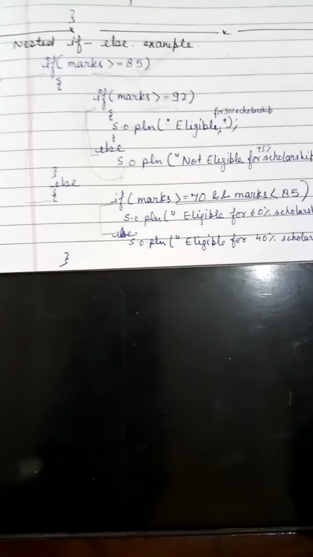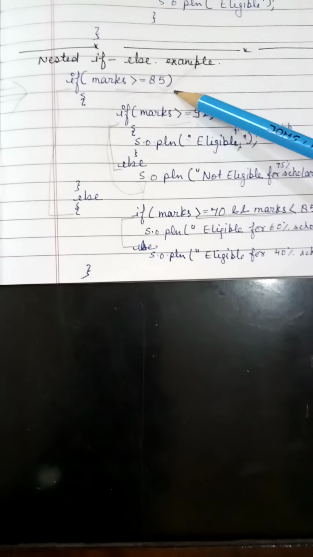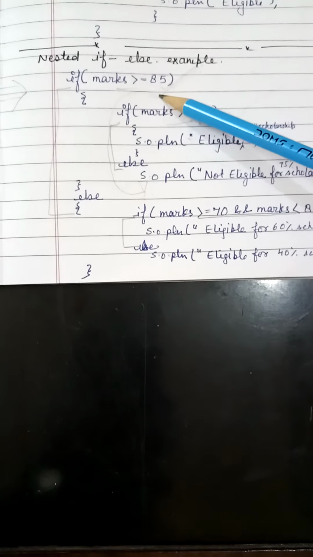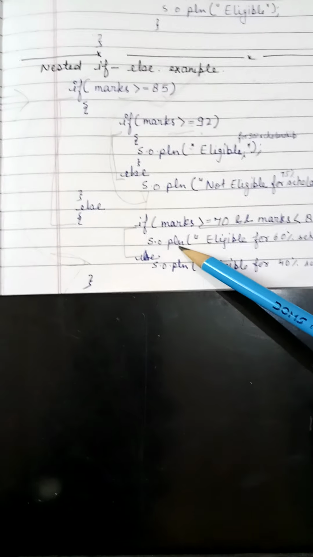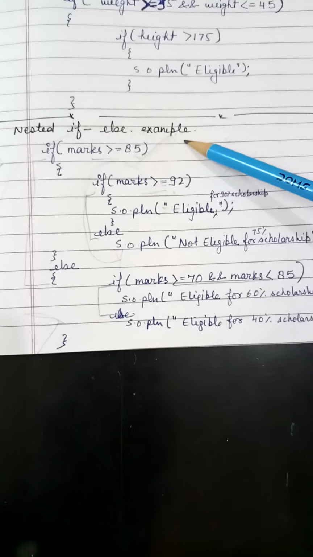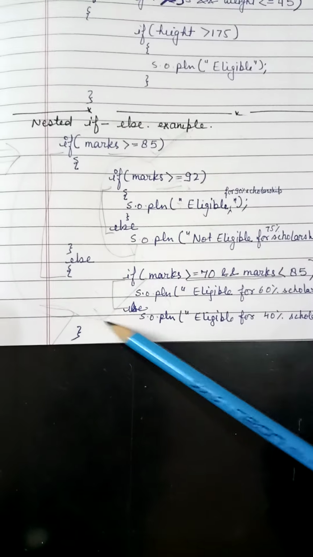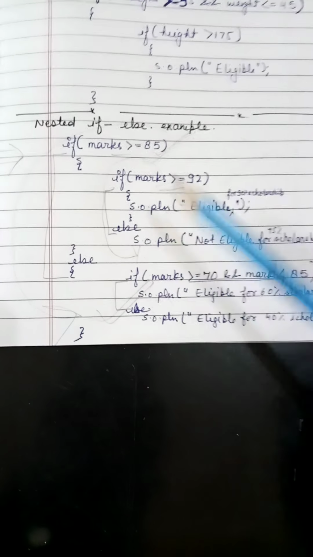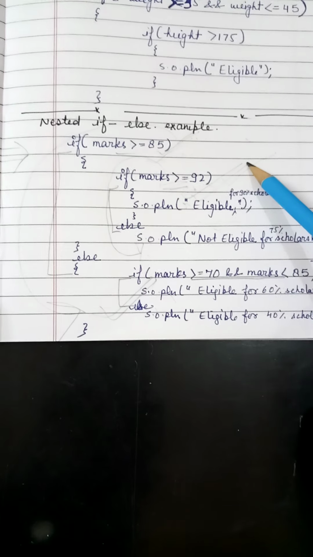And if the marks are not greater than or equal to 85, then the outer else part will get executed.